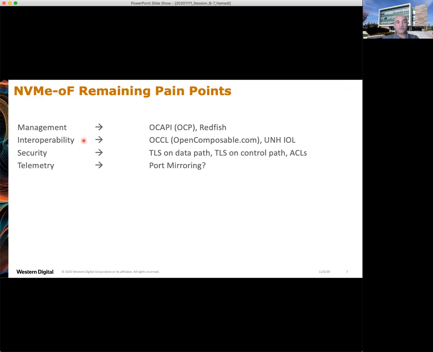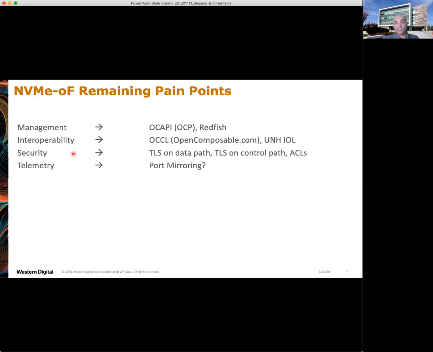There's also L3 mapping and so on. And for that, we do have the open composable lab that works in collaboration with UNH Interop Lab, all trying to address the interoperability issues and needs of this industry to be able to use NVMe over Fabrics more broadly.